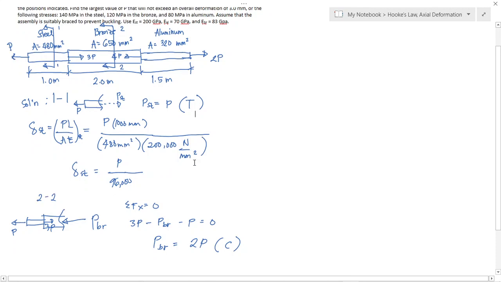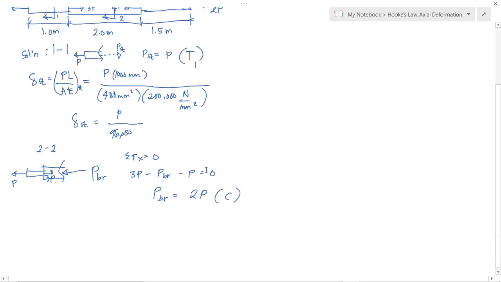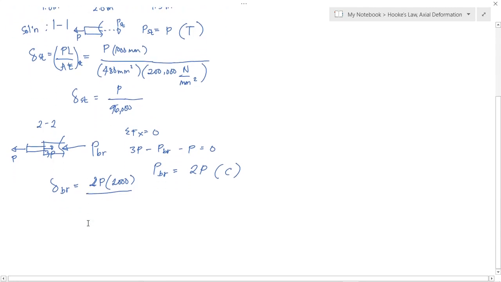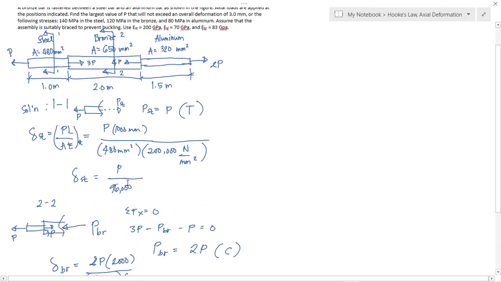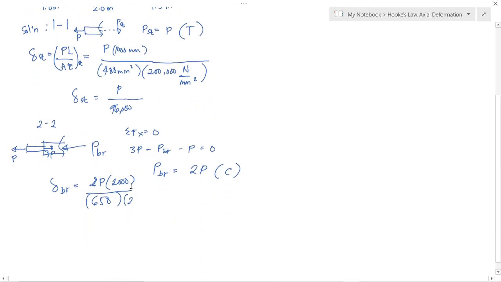Okay, so let's substitute. The deformation of bronze will be equal to P of bronze, which is 2P, times L, length is 2,000 mm, divided by the cross-sectional area, which is equivalent to 650 square millimeter, and the modulus of elasticity is equivalent to 70 gigapascal.